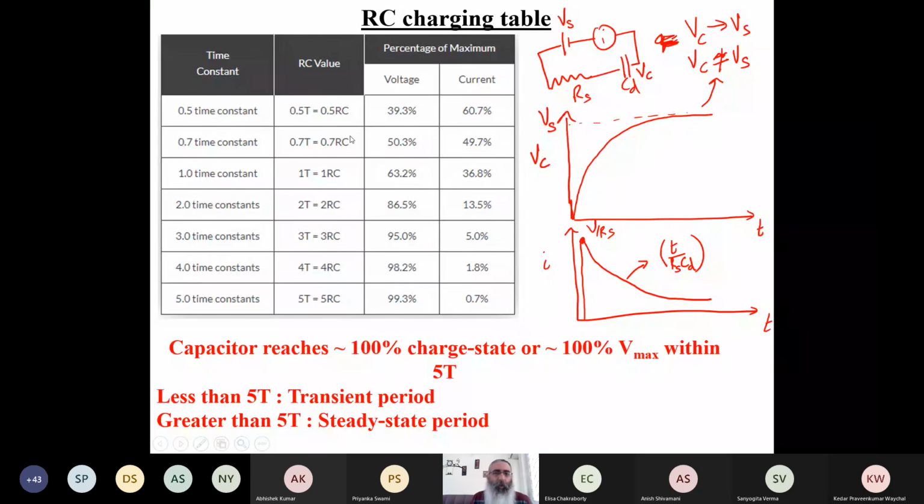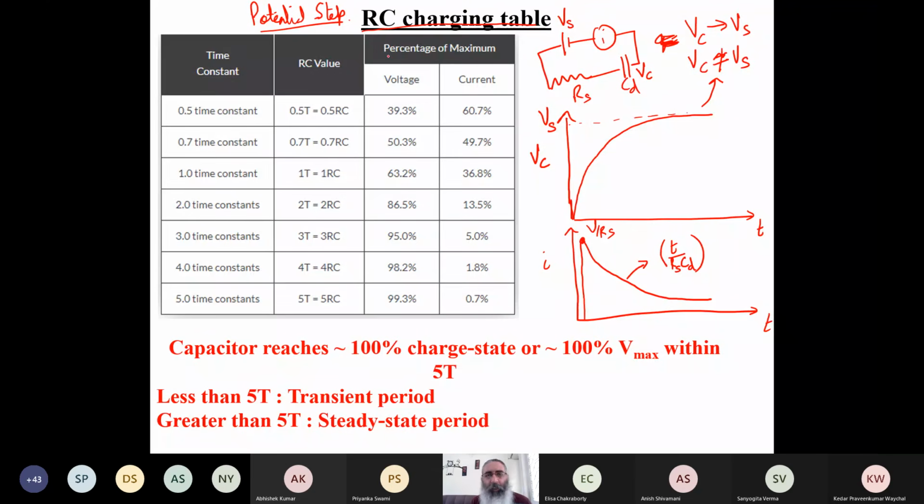Okay. So now we can go ahead and see what is called an RC charging table. Remember, this is only for a potential step. In it we can look at various time constants of the circuit, say 0.5 time constant, 0.7, 1, 2, 3, 4, and 5 time constants, and the RC value for that, and then what is the percentage of the maximum voltage of the capacitor.